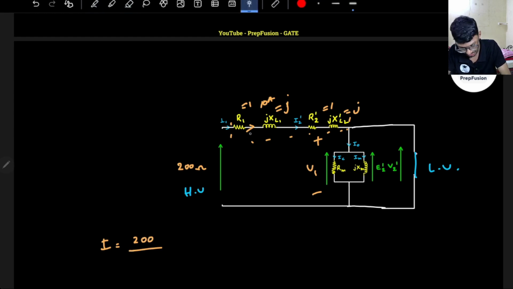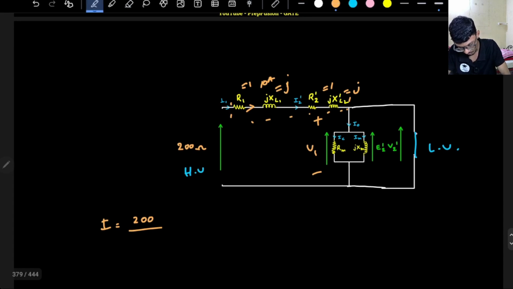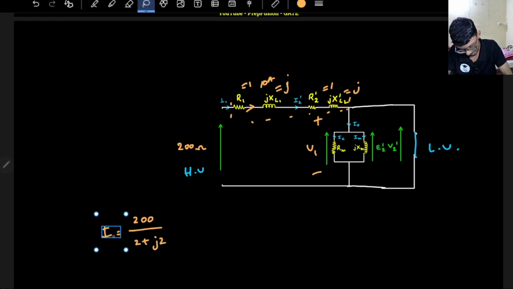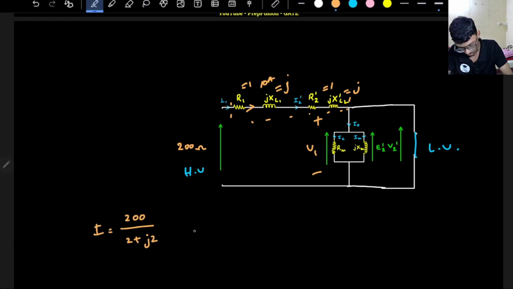Impedance is R1 plus R2, that is 1 plus 1, that is 2, plus j2. If I calculate the magnitude of the current, this will be 100 divided by root 2 basically, correct? Huge current.